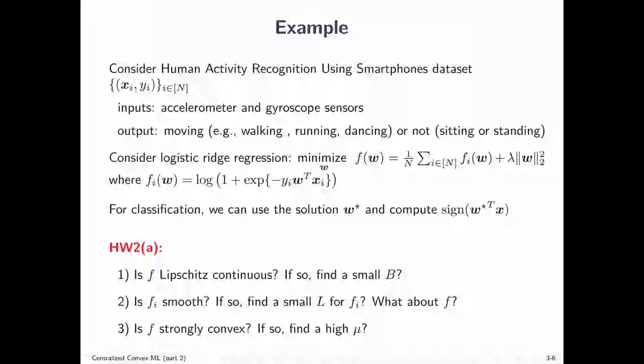Consider this objective function with that definition of f_i. We don't do classification here, so the task is not to train that model, it's just to find the hyperparameters that we're going to need for the optimization. But if you do like to do the classification, you can easily train this model using that data set and then use the sign function to find the outputs. Okay, this is very easy to do.